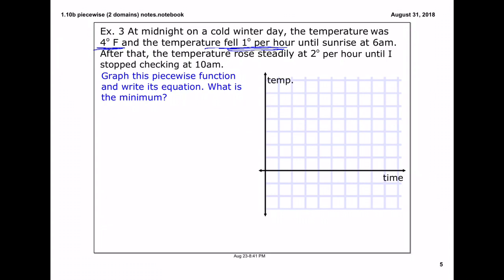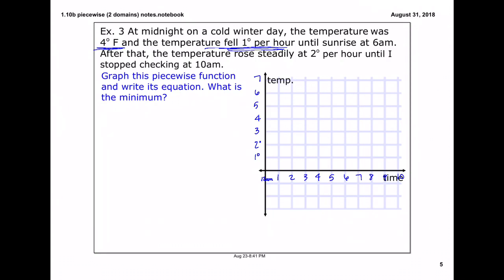Looking at this information, we need to label our axes. My temperature in degrees is going to be on my y-axis. My time starting from midnight, so 12 a.m., 1 a.m., 2, 3, 4, 5, 6, 8, 9, 10 goes along my x-axis.